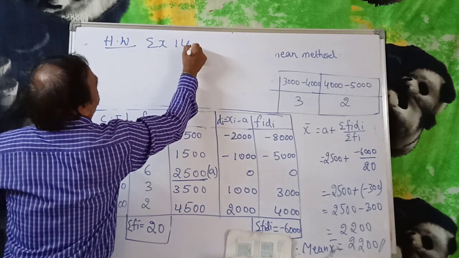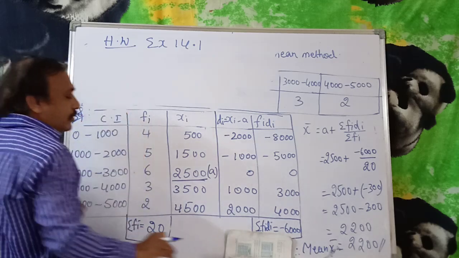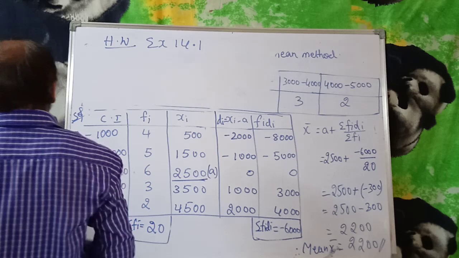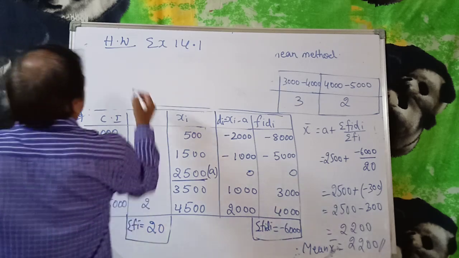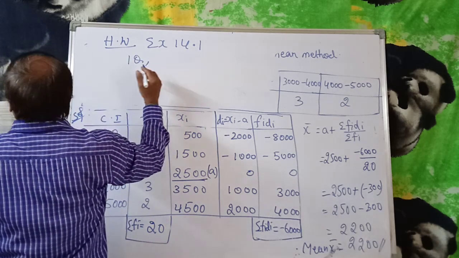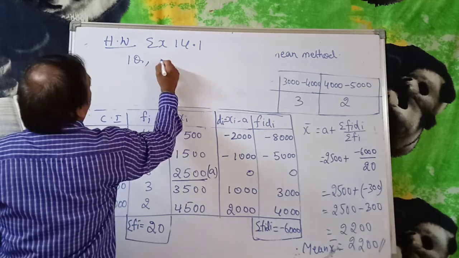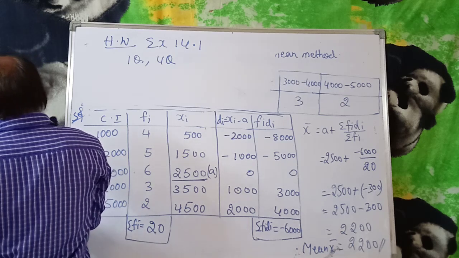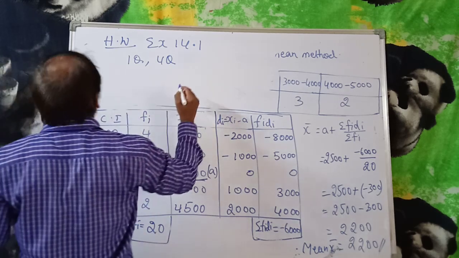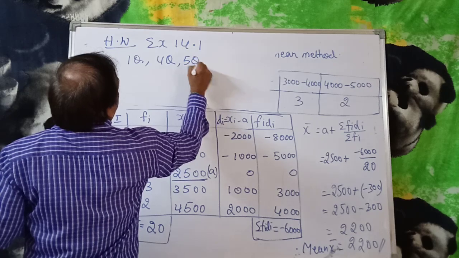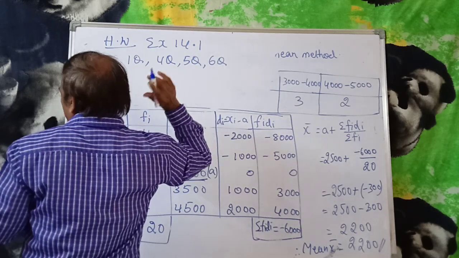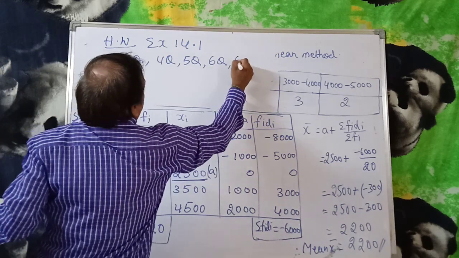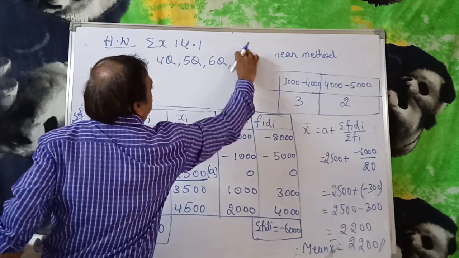Homework: exercise 14.1, question number 1, question number 4, that is the fourth question, question number 5, the fifth question, the sixth question, and question number 7.